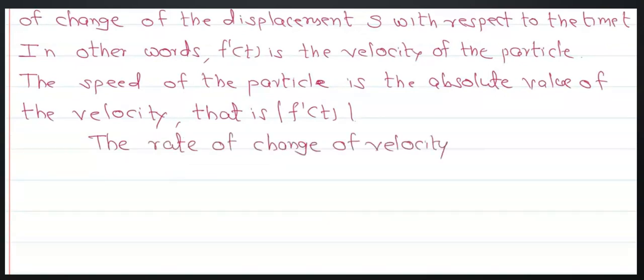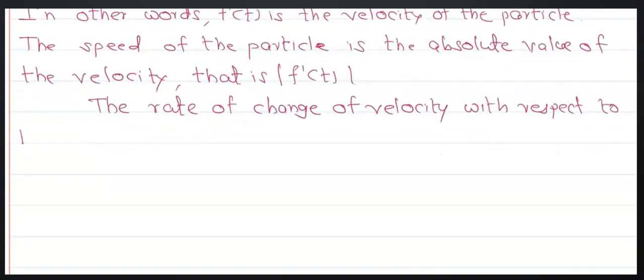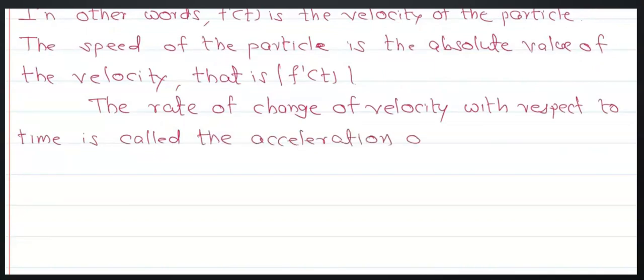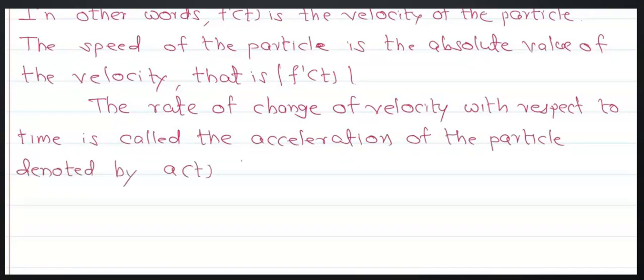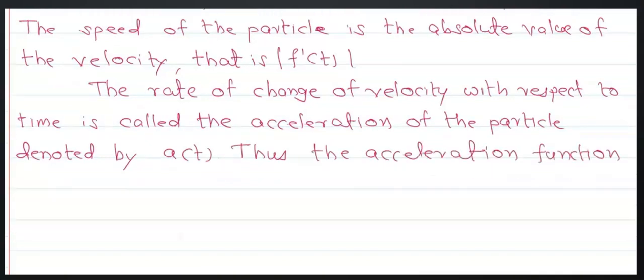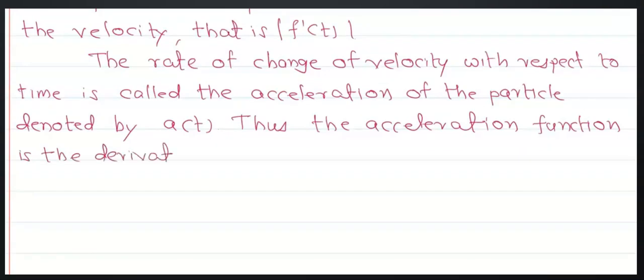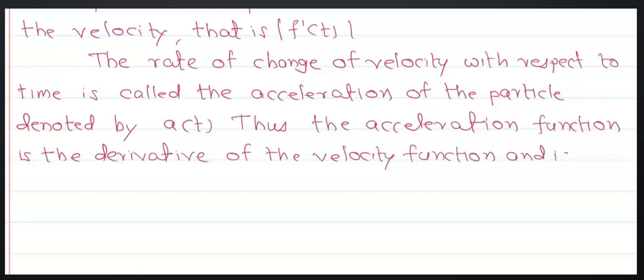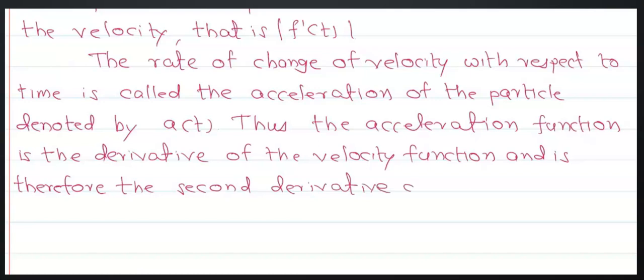The rate of change of velocity with respect to time is called the acceleration of the particle, denoted by a of t. Thus, the acceleration function is the derivative of the velocity function and is therefore the second derivative of the position.